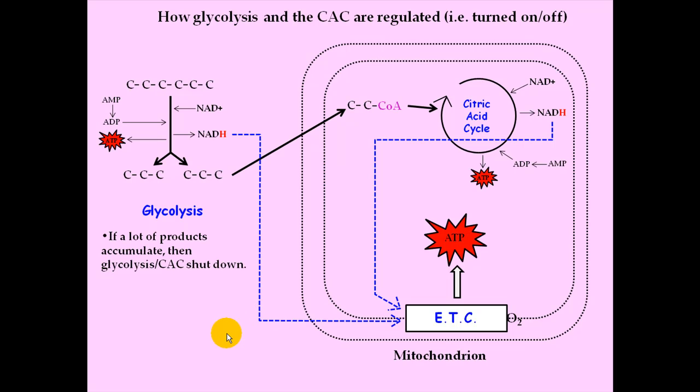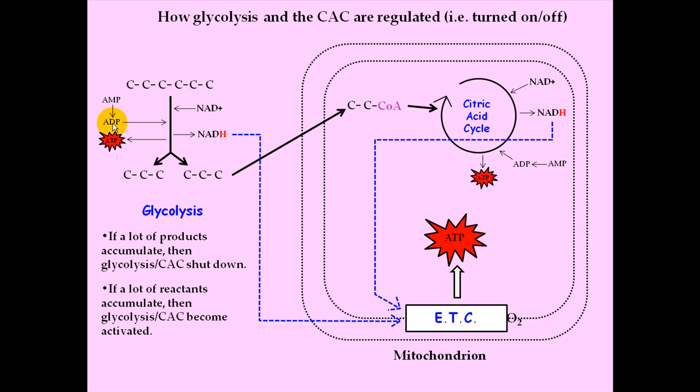On the flip side of the coin, the thing that ends up turning on glycolysis or speeding up glycolysis and the citric acid cycle is if there's a lot of reactants available. So that's, again, a good time to turn it on. By the reactants, take a look at what all is needed in order for glycolysis and the citric acid cycle to occur.